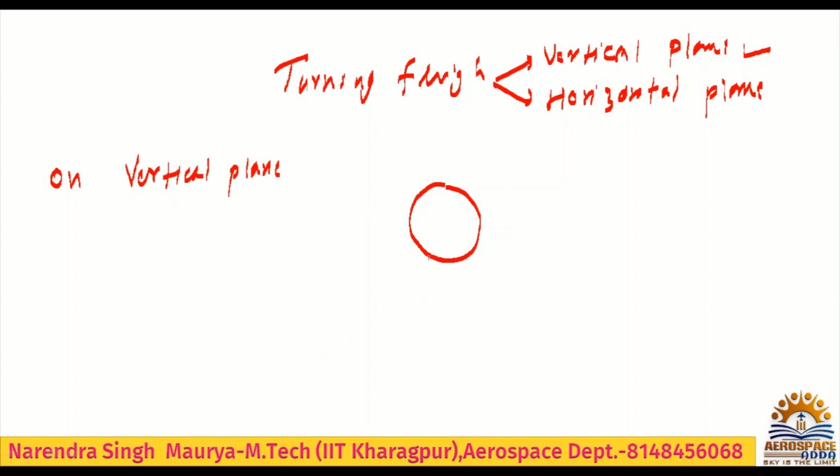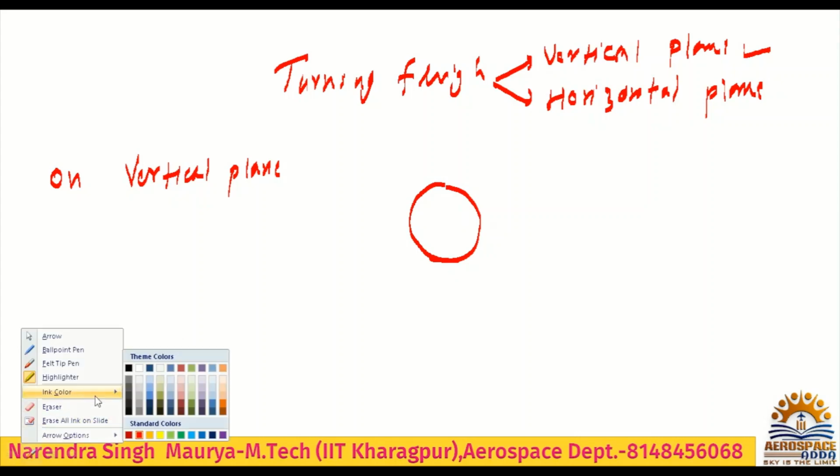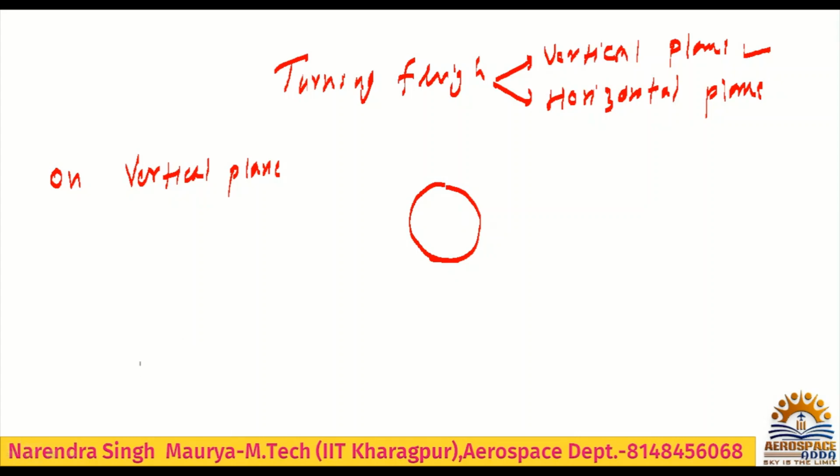So you can say this is the aircraft here. Check the diagram. This is the aircraft, so obviously weight will be acting downward and lift will be acting in the upward direction.